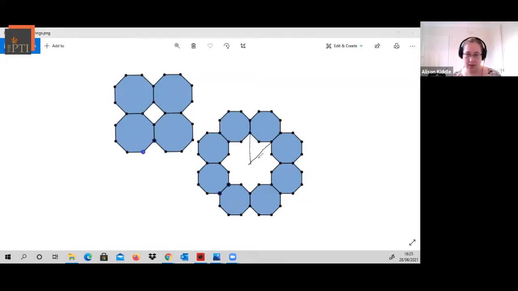But then instead of having a triangle to consider the angles in, I've got this sort of arrowhead shape here, and I can work out all 4 of those angles based on what I know about the octagon, in order to show that the middle angle is in fact a factor of 360 degrees, that it's going to divide exactly into 360 degrees. So I know that I will get back to where I started from.